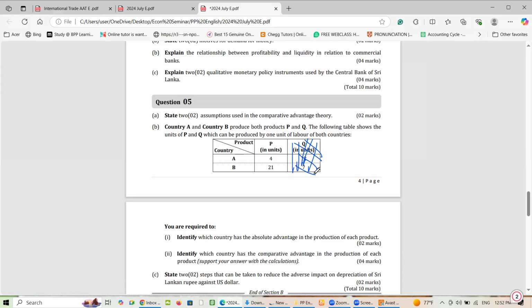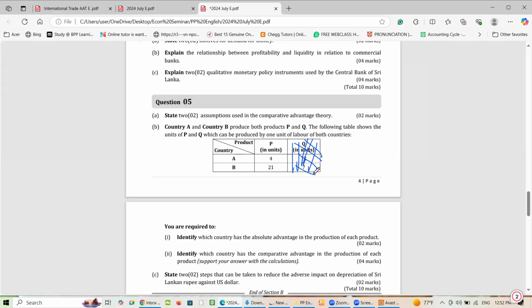Students, remember, this is very important. Here in this question, you are given output, not the input, not the cost. Now, you can remember, I mentioned, if you are given output, highest output. Now, country A produces 4 units, but country B produces 21 units. So then which country has the absolute advantage in the production of P?